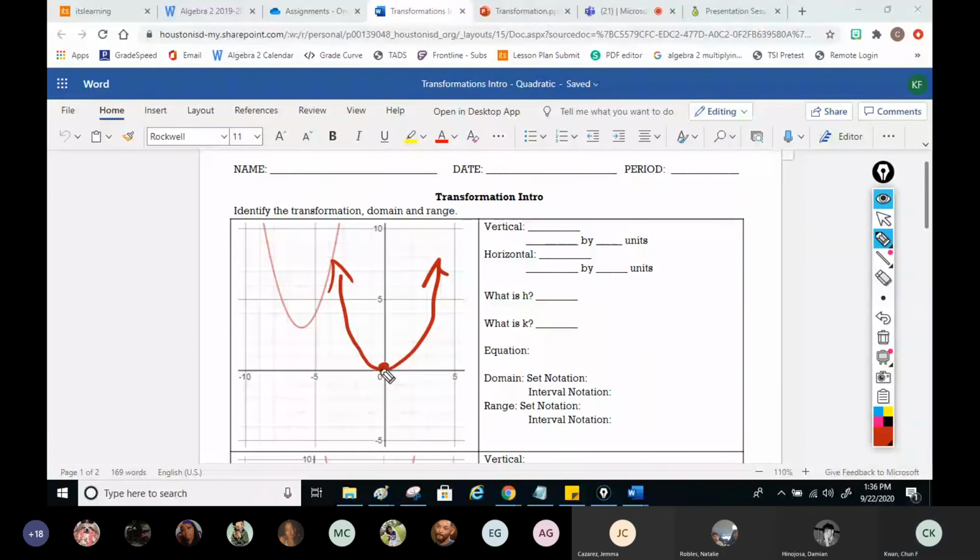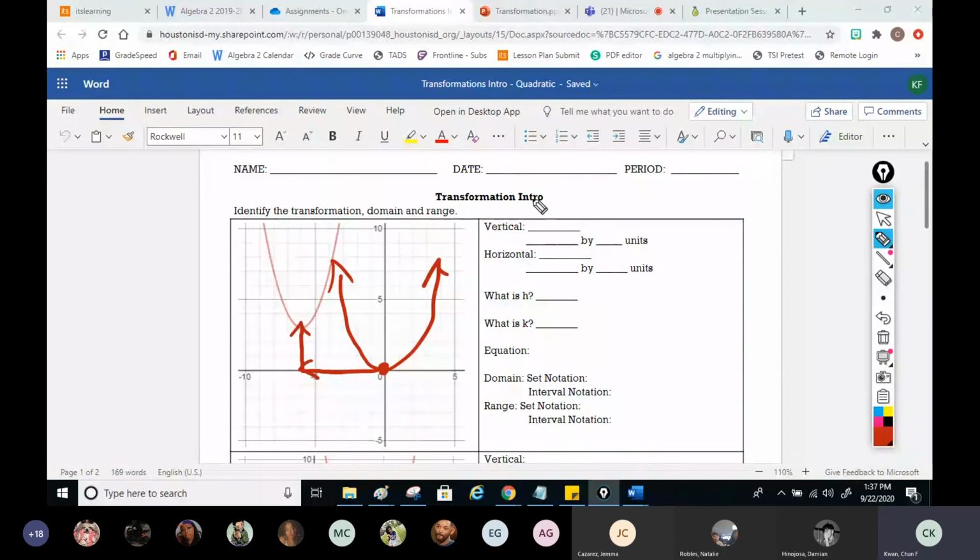The parent function starts right here. Now I want you to figure out what transformation it went through. Obviously it goes this way to right here, and then it goes up to right here. So it moved this way and then it moved that way.